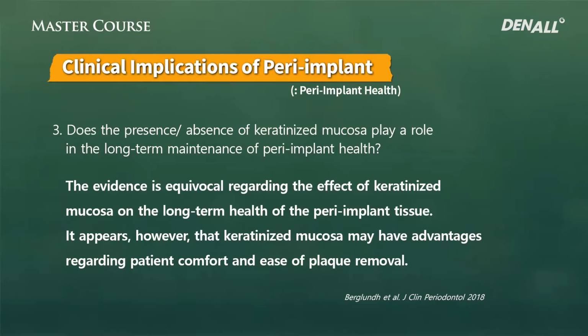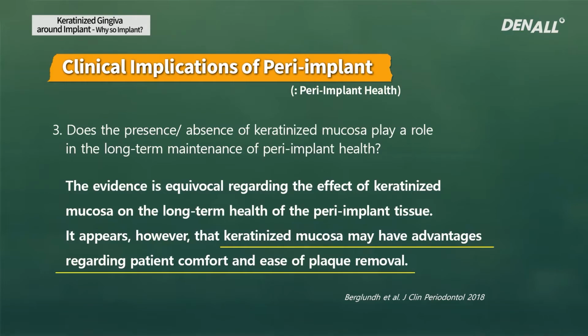Similarly, for peri-implant health, does keratinized mucosa help? Many investigators have different opinions. However, according to a consensus regarding peri-implantitis reported in 2018, keratinized mucosa may have advantages regarding patient comfort and ease of plaque removal for oral hygiene.